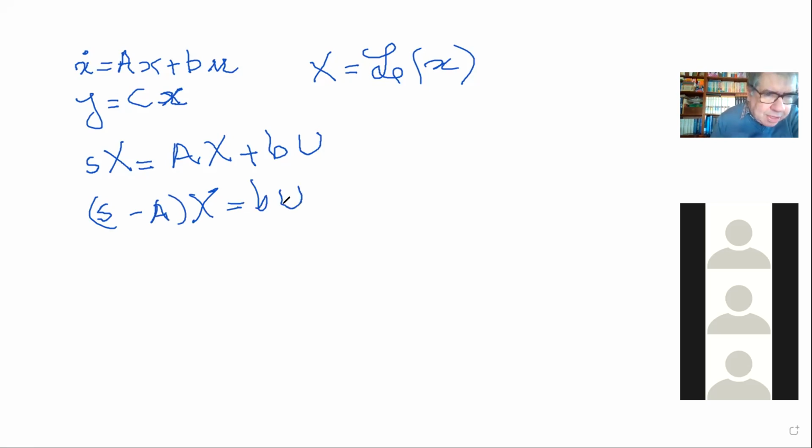Does everybody agree with this? It misses the identity. Why so? S must be multiplied by the identity. Yes, S is a scalar and A is a matrix. So as it is, this is incorrect.